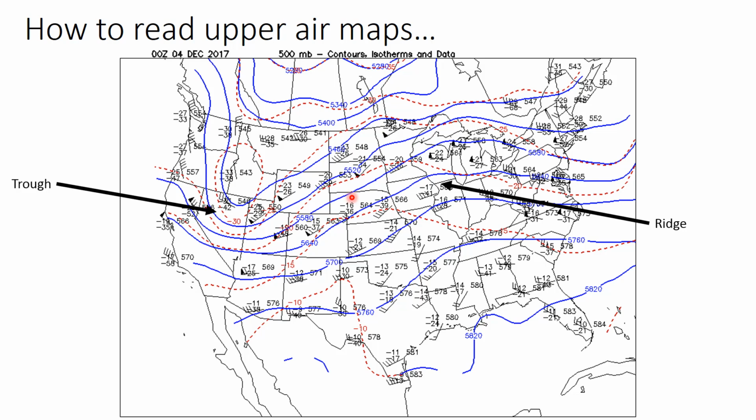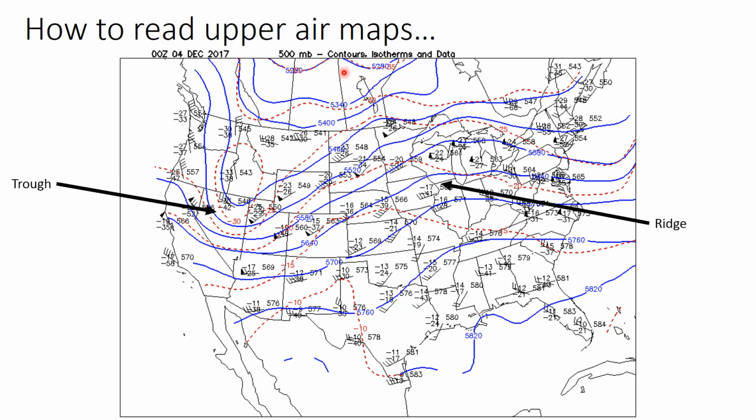On the other hand, as you move away from the equator, you're getting less heat, less energy, and therefore lower heights. So as you travel towards the pole, the heights in general are declining. You're going from 5820 down here, all the way down to 5280 all the way up here.